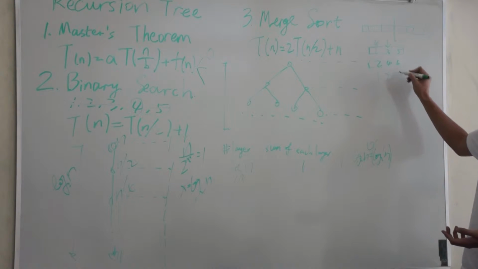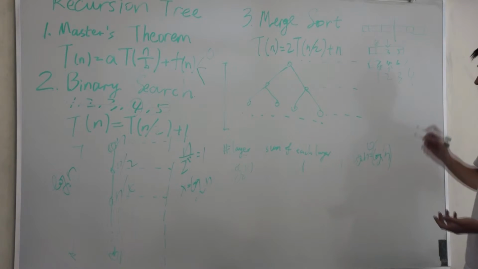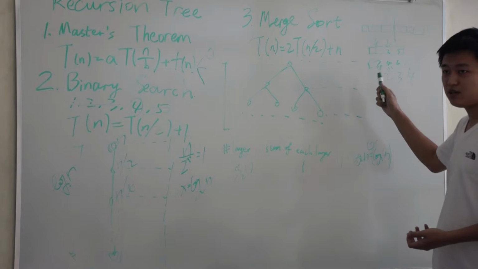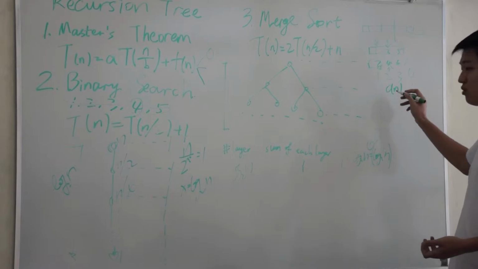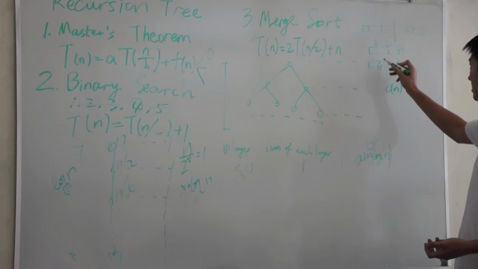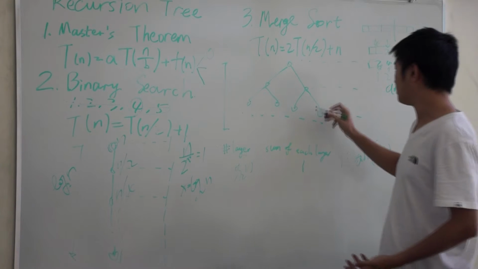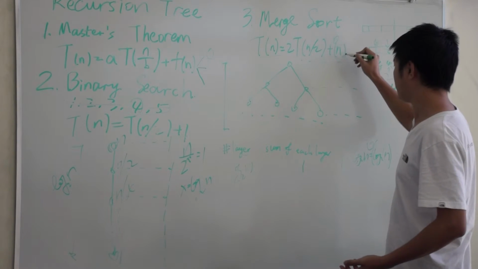Then we choose 3, since 3 is smaller, and then we choose 4. So the merging step would be O of n in the worst case, because at the last step we need to merge them all together. So here is n, all of n.